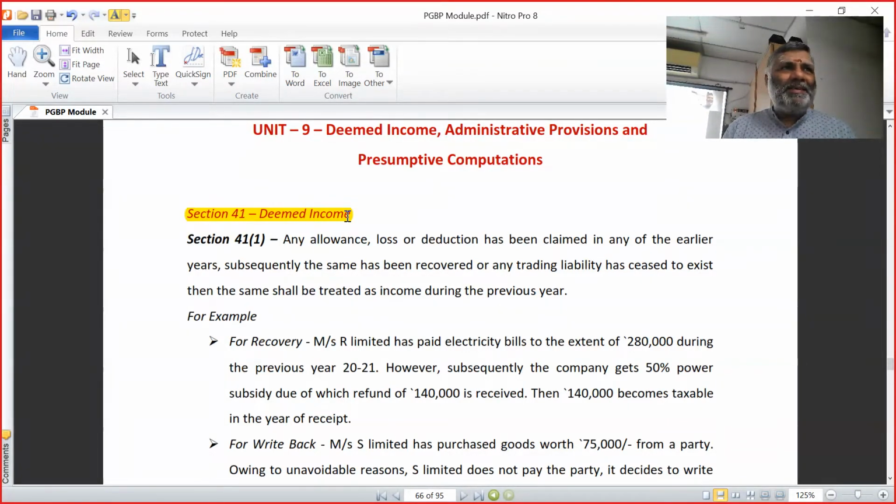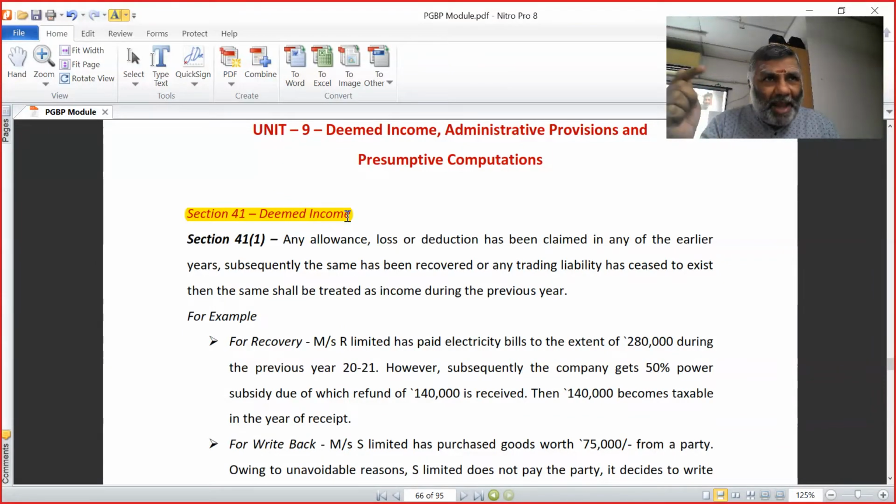Bad debts. If I have allowed it earlier as deduction, now when I am recovering, it will be treated as income. Scientific research asset. I have allowed it earlier as deduction. Now after the research is over, the asset is not transferred to the block.